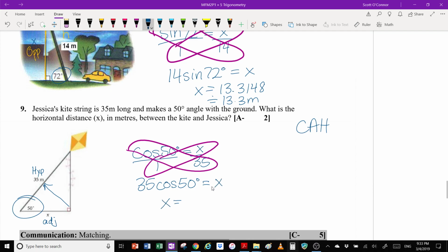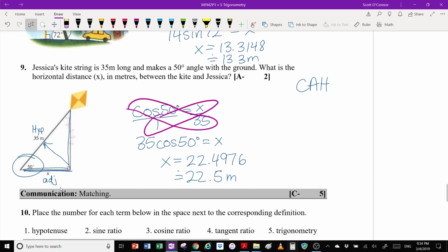And then I get here x is equal to 22.4976, which is equal to 22.5 meters, and that is how far away Jessica is standing from the horizontal distance created from underneath the kite. This distance here. Okay. All right.